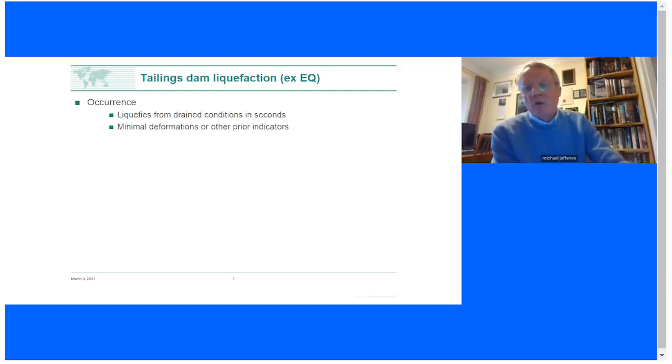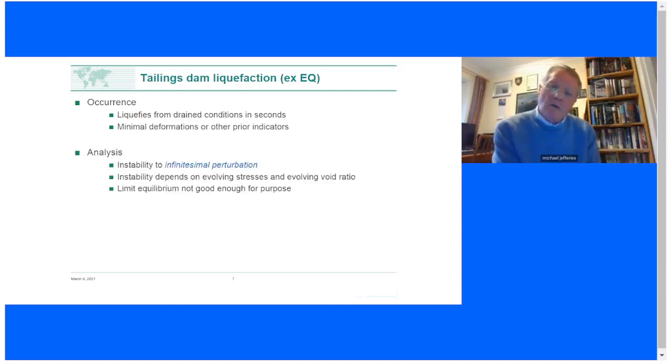And what is going on is that under certain conditions of stress and certain conditions of void ratio, our soils are very sensitive to what I call an infinitesimal perturbation. That is, the proverbial butterfly wing flapping can make our dams fail. And the nearest analogy to this, for those of you with a civil engineering background, is that you remember your structural engineering component of your degree.